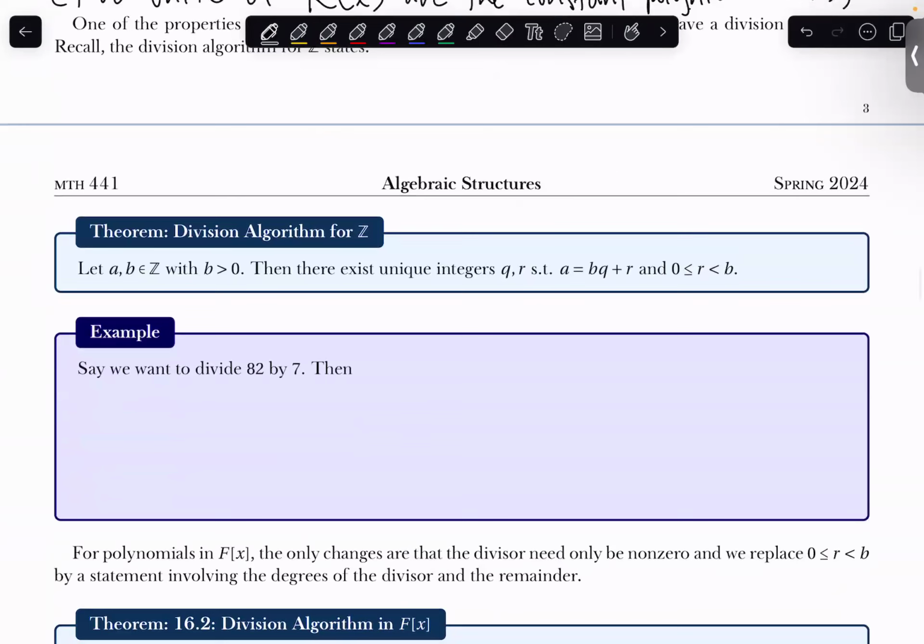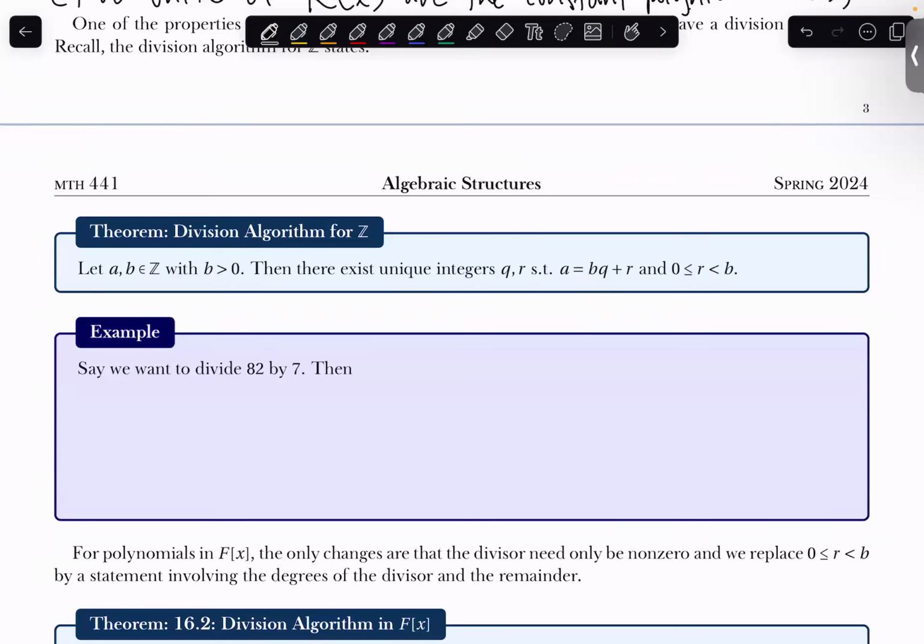Okay, so here, if I take two integers, but I'm going to take one to be positive, then I can find two unique integers, Q and R, so that I can write A as a product of B plus some remainder, where the remainder has to sit between 0 and B. Really the thing that we think about here is how do we divide A by B, and then we'll get some remainder.